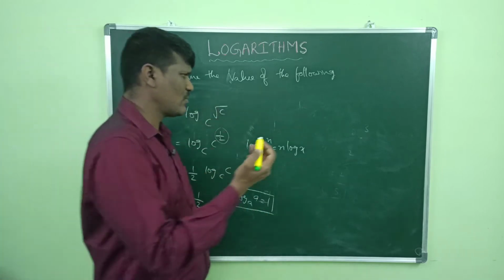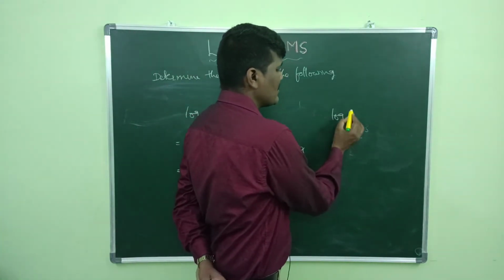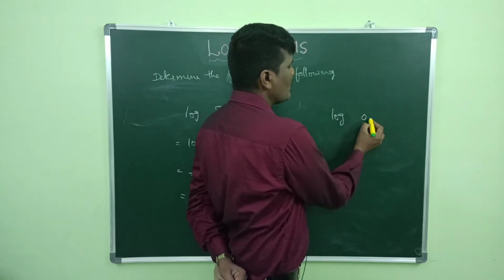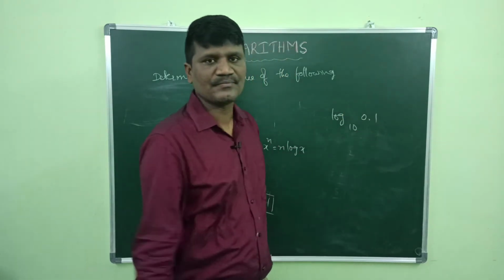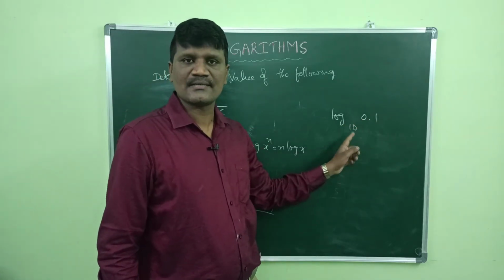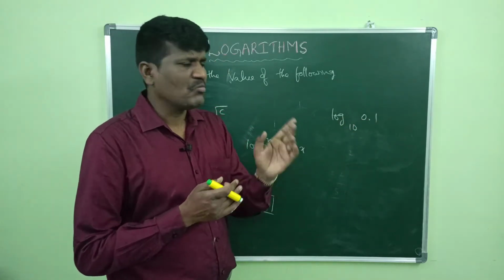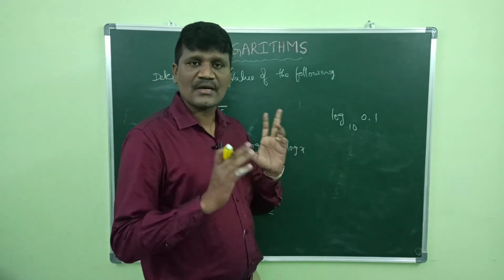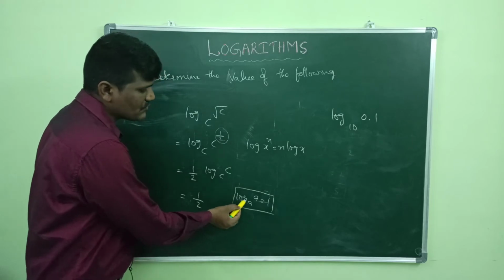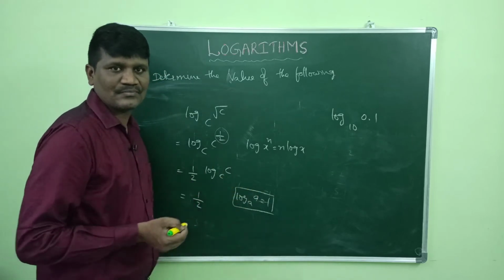The next problem is log 0.1 to the base 10. While doing this type of problem, convert the base and the log value to be the same, so that I can use the formula log a to the base a.